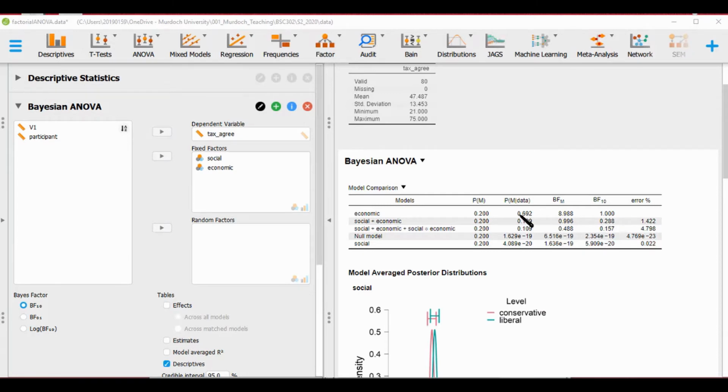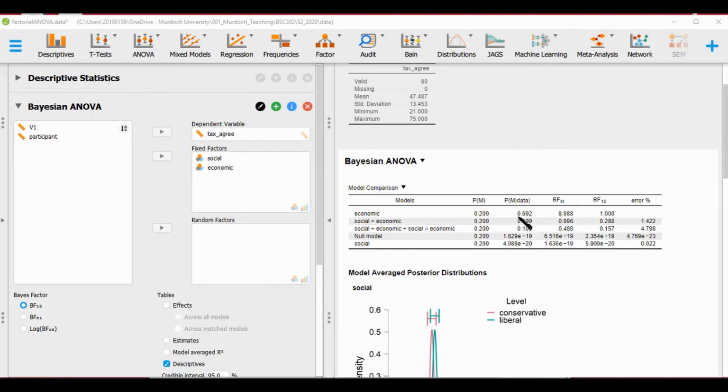The posterior odds for the economic one, for example, is 0.692 divided by the sum of the probabilities of all the other models. And remember that these 5 probabilities must add to 1. So if we've got 0.692 for the economic, all the rest of the models will be 0.308.